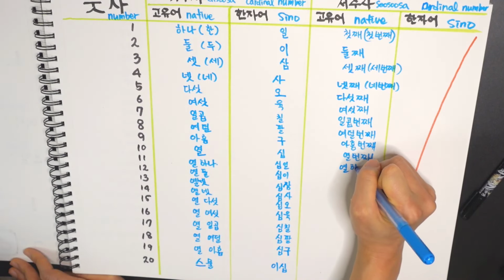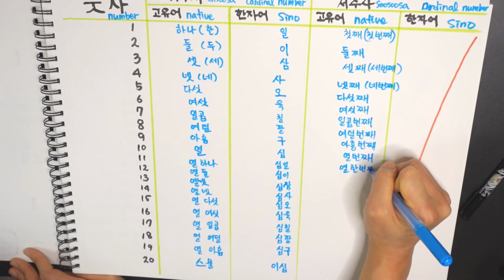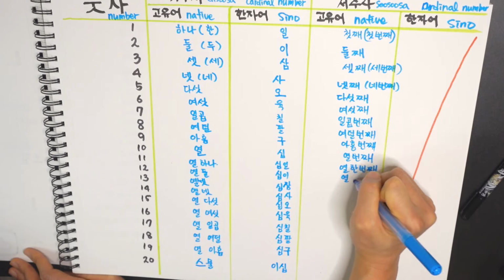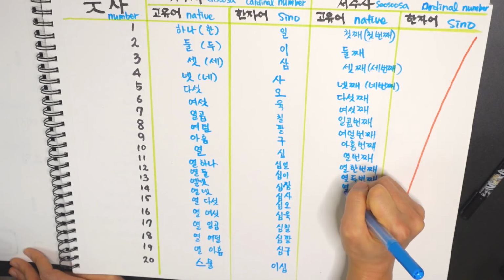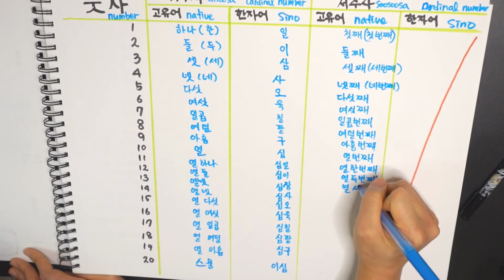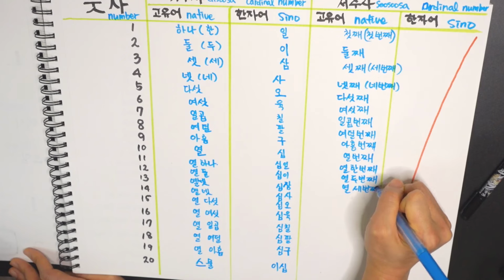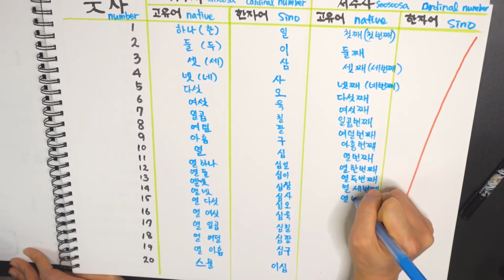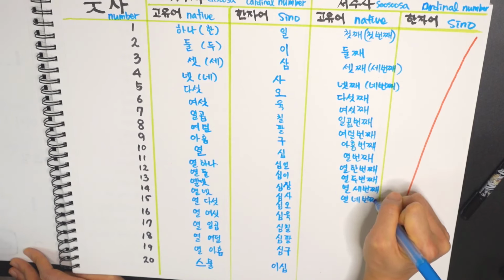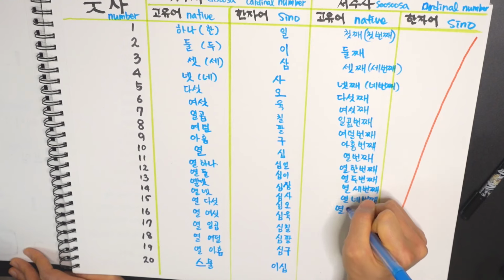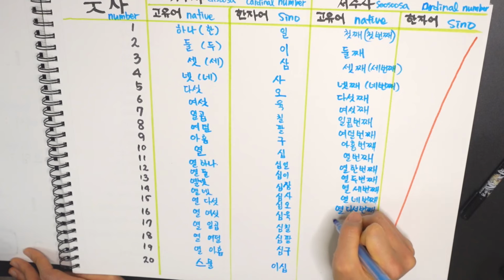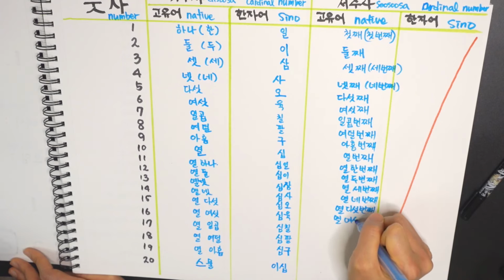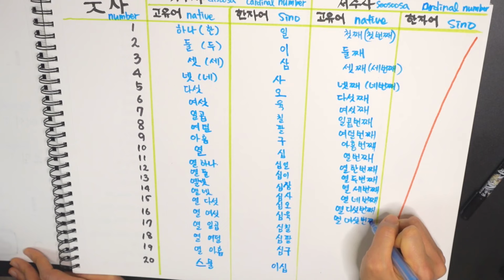So 열 한 번째. And 열 두 번째. And 열 세 번째. And 열 네 번째. And 열 다섯 번째. And 열 여섯 번째.